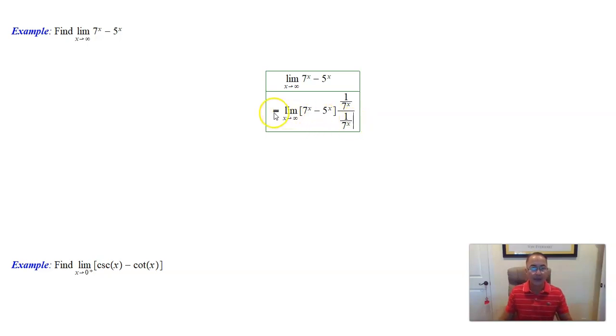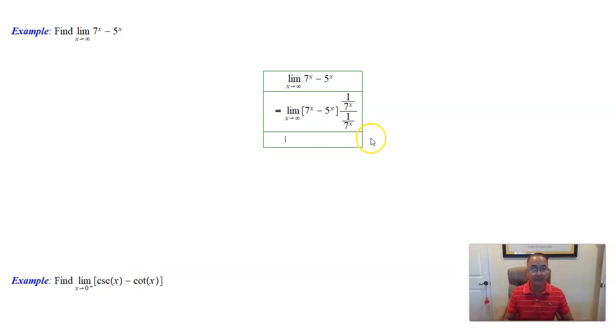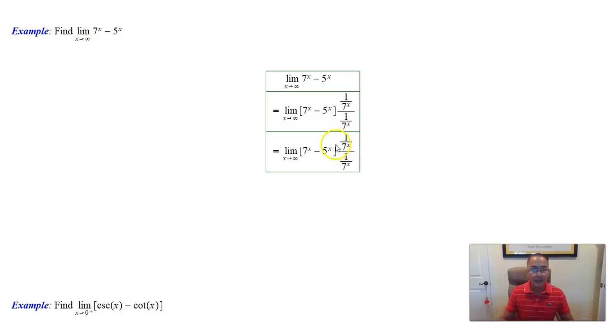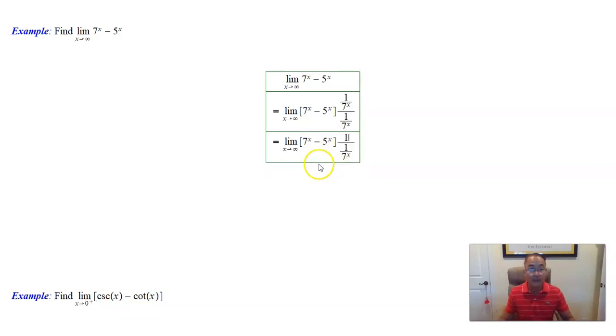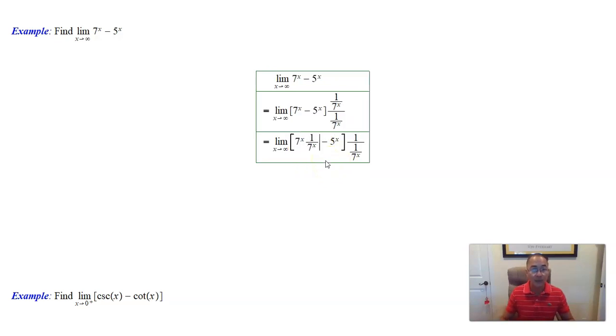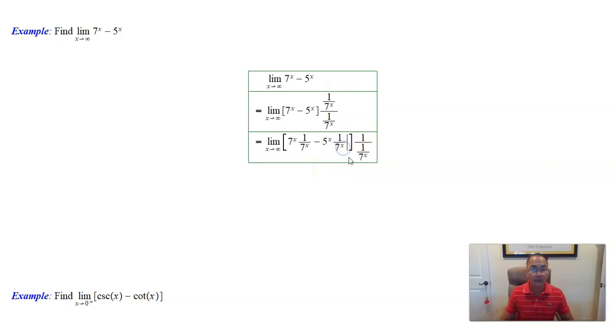So we're going to do some creative manipulation here. In the numerator, we are going to bring the 1 over 7 to the x inside. So that will turn into 1, and you will have times 1 over 7 to the x times 1 over 7 to the x.